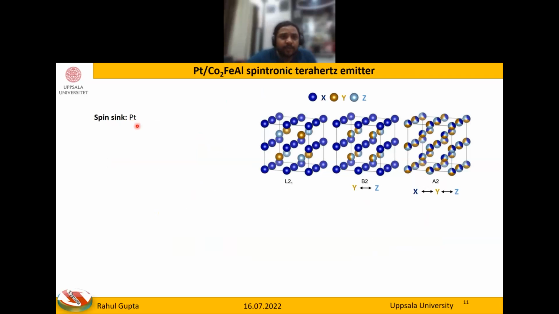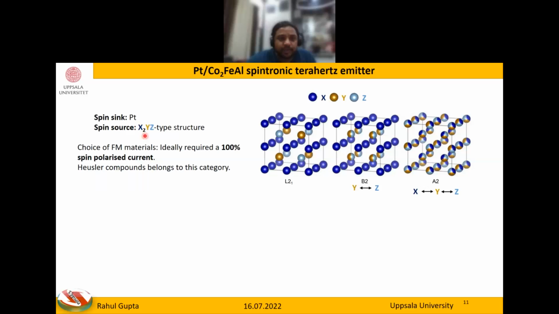And what we thought about is that Heusler compounds are known to have 100% spin polarization according to theory. What are Heusler compounds? They contain three atoms, with an X2YZ type structure, which you can see here. If X, Y, and Z atoms are placed at the proper positions, it is called perfectly ordered.